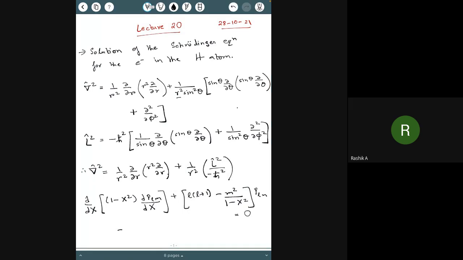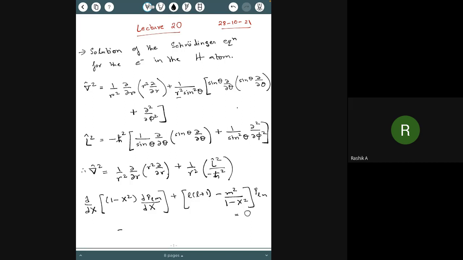Then in lecture 20, we wrote out the Hamiltonian for the hydrogen atom in spherical coordinates. That is what you see on the screen now. And we saw that it was a sum of a radial part and 1 by r square multiplied by an angular part, which was similar to the operator for L square.